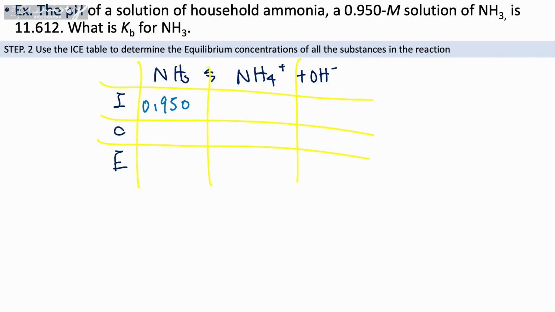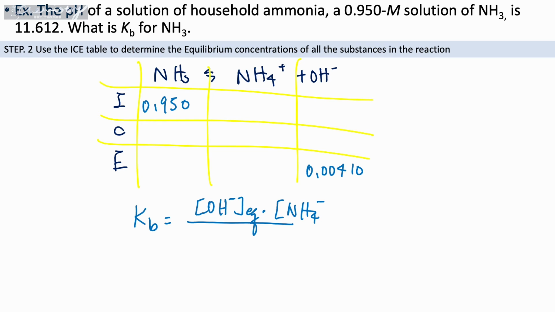For the equilibrium concentration of OH minus, as we calculated from the pH in the previous step, it is going to be 0.00410. And to find Kb, we are going to need the equilibrium concentration of the OH minus, the equilibrium concentration of the ammonium ion, and the equilibrium concentration of NH3.